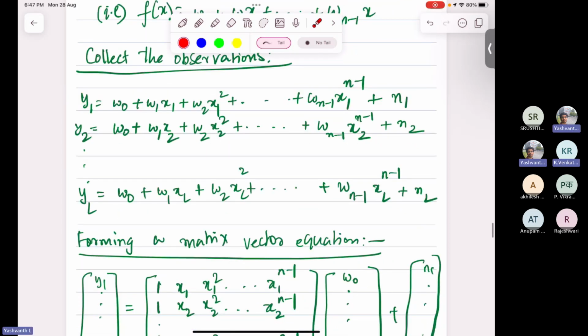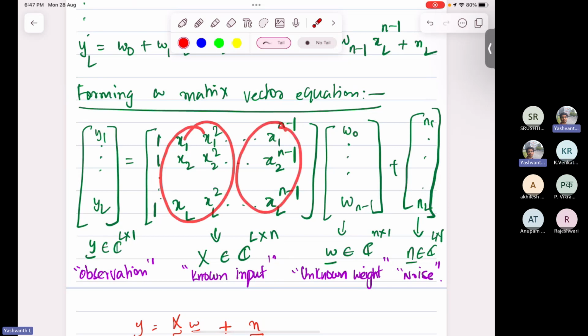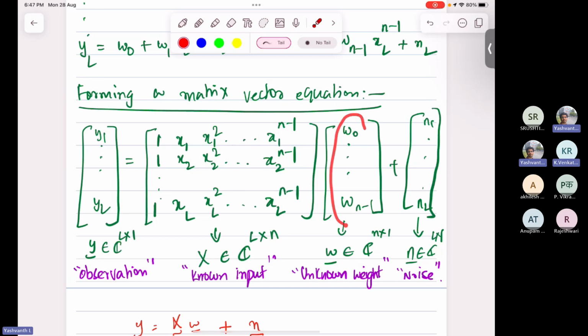I have just written all these L equations in the form of a matrix vector product. This is an L by 1 vector, called the observation vector. This is a matrix of size L cross N, called the known input matrix because it comprises all the inputs that we give to the system and we know it beforehand. And this w is an N by 1 unknown weight vector which we have to estimate.